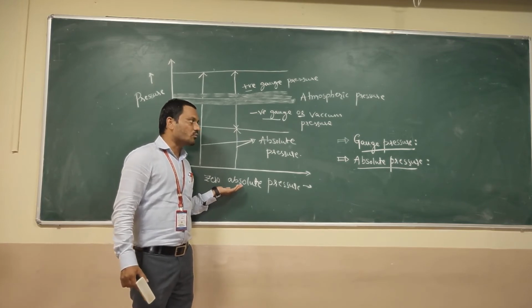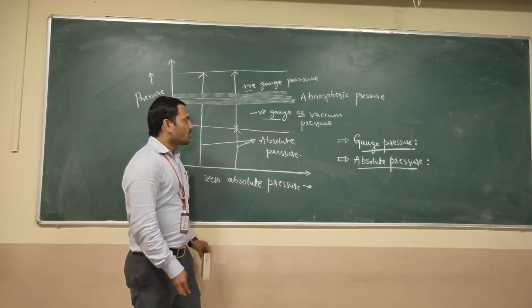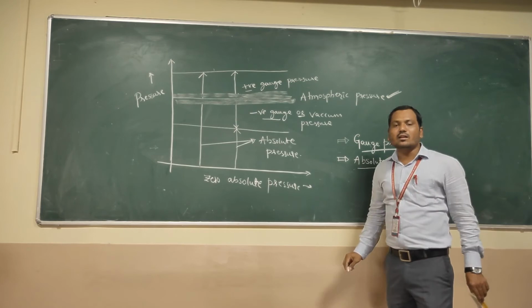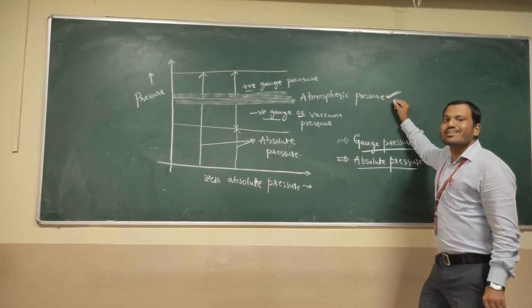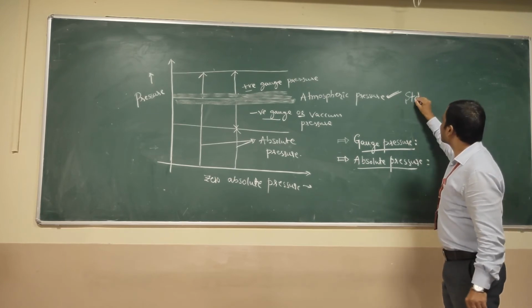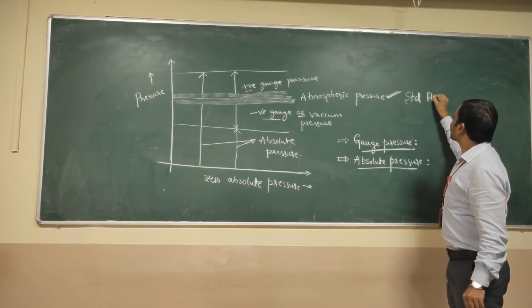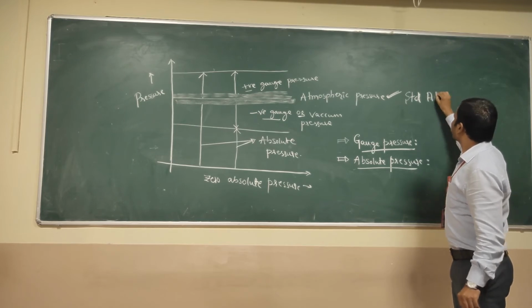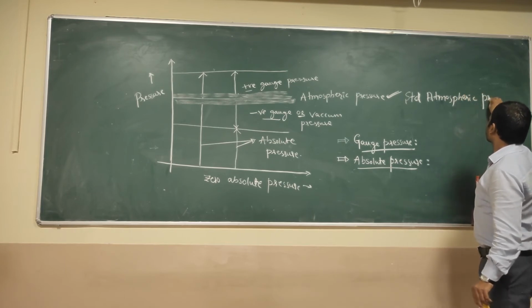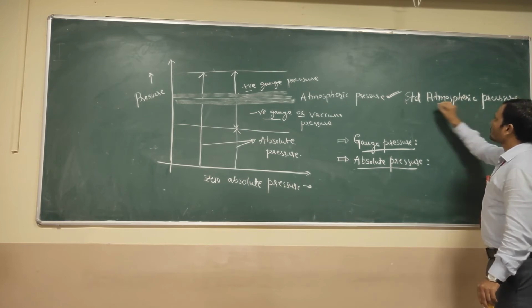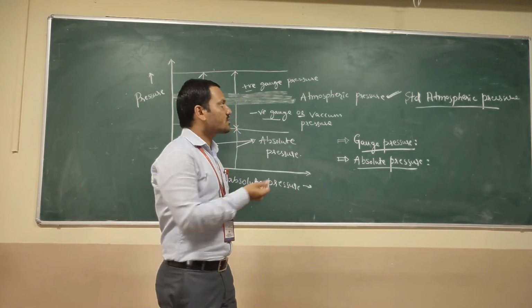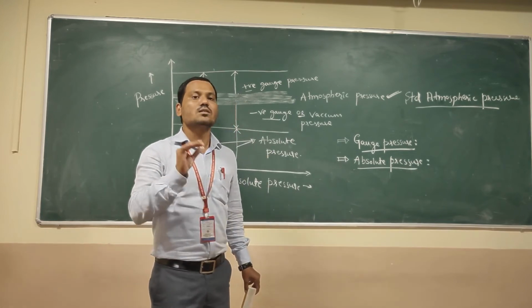Usually, the normal atmospheric pressure on the surface we call the standard atmospheric pressure at sea level.